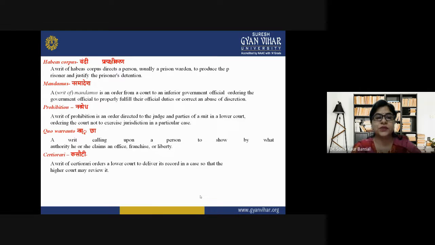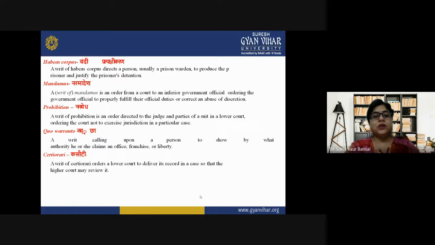Then mandamus. A writ of mandamus is an order from a court to an inferior government official ordering the government official to properly fulfill their official duties or correct an abuse of discretion.